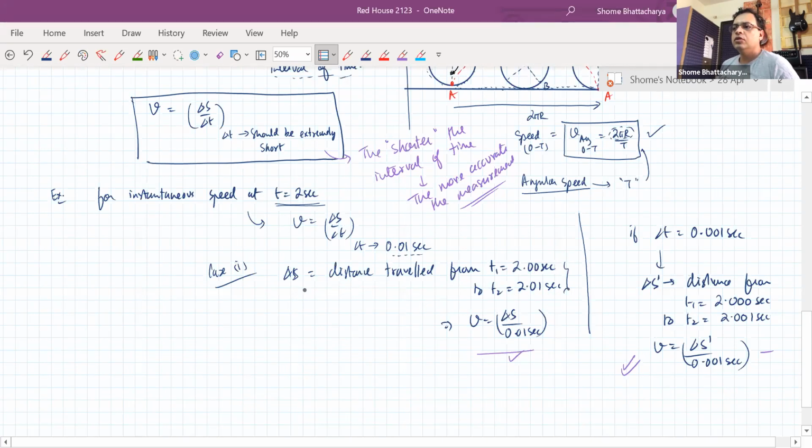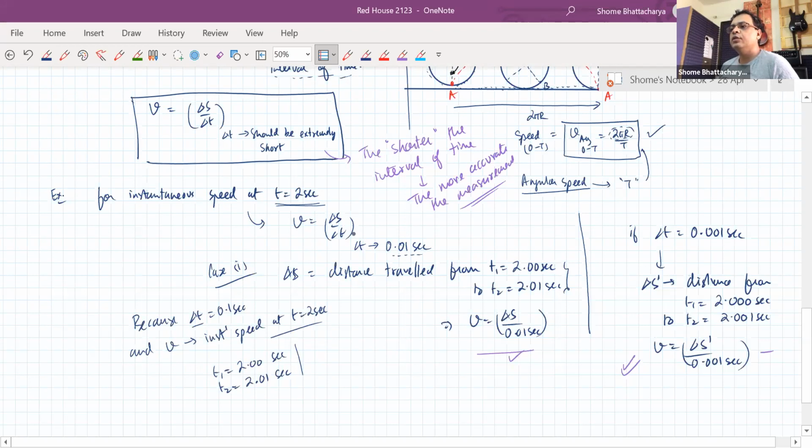Yes, sir. Okay, because delta t that I have selected is 0.1 seconds in this case, and I'm calculating v, the instantaneous speed at t equal to 2 seconds. So I should consider my interval of time delta t between t1, which is exactly 2 seconds, and t2, which is t1 plus delta t, or 2.01 seconds, right?